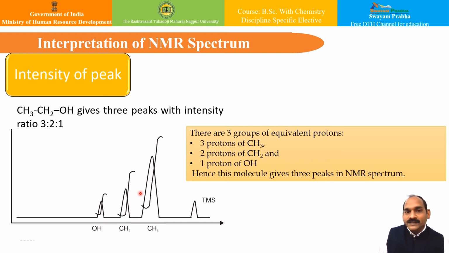The height of each line determines the area under that peak. The ratio of the intensities of peaks is equal to the ratio of the number of equivalent protons in those groups, which means the intensity is directly proportional to the number of equivalent protons present in that group.